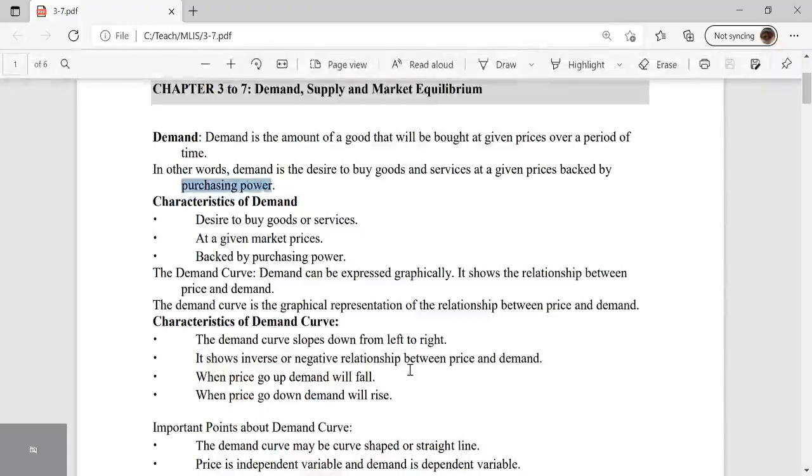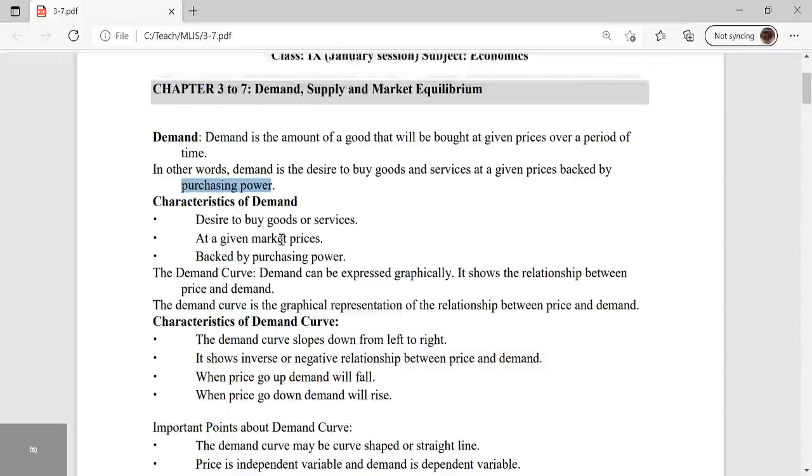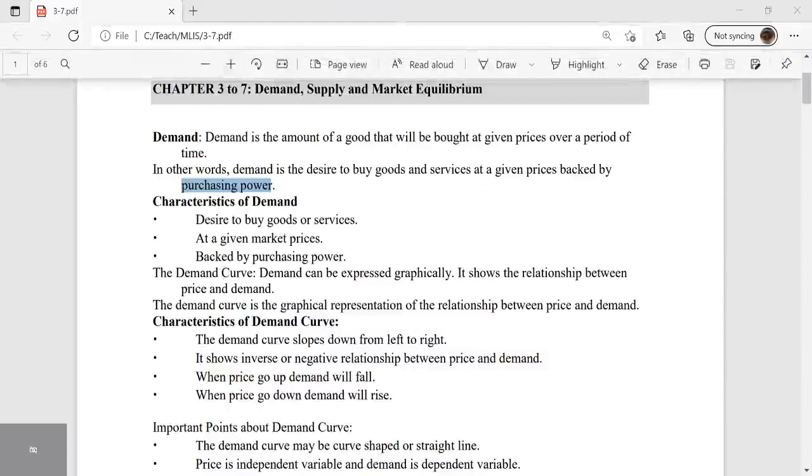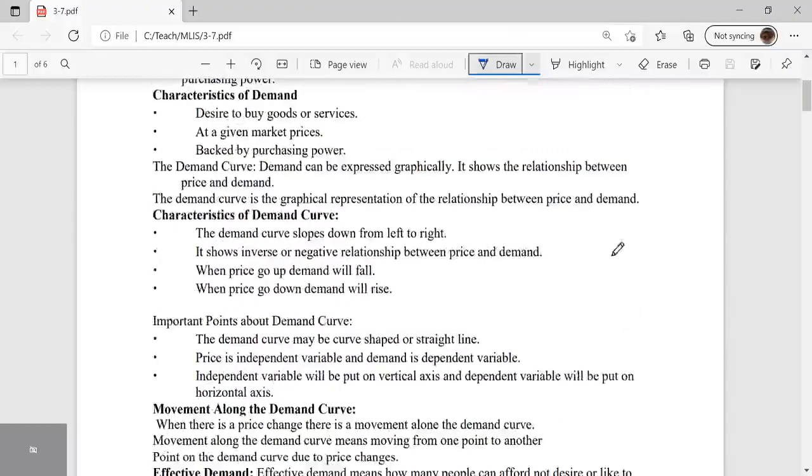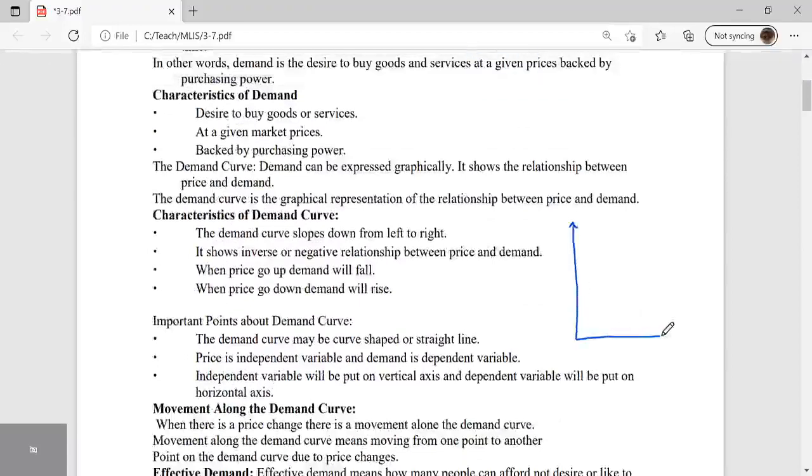These are the characteristics of demand: desire. It expresses the desire to buy a good at a given price, backed by purchasing power. So let's draw a demand curve. The demand curve is a downward sloping curve.